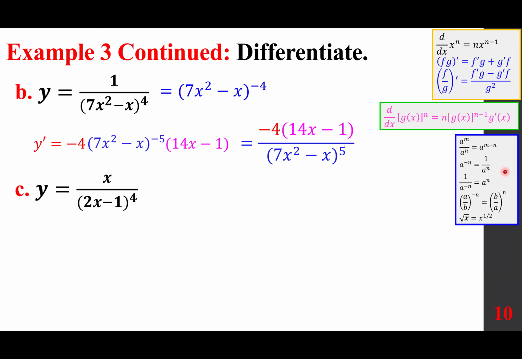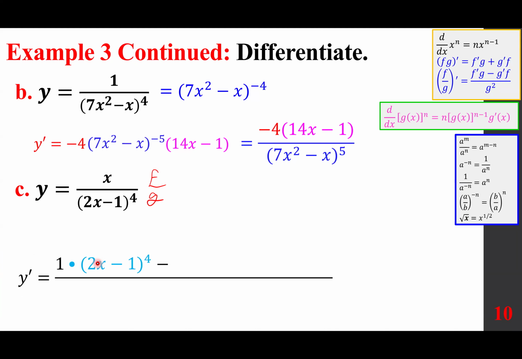Whereas in this case, we have to continue with the quotient rule, everybody. So I'm going to write f over g, a huge fraction bar. y prime equals f prime, which is 1, times g, just write this, minus g prime.